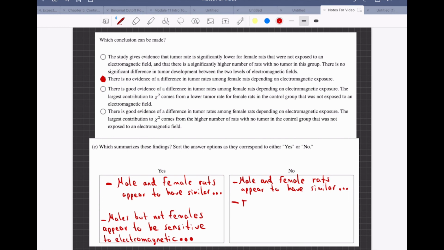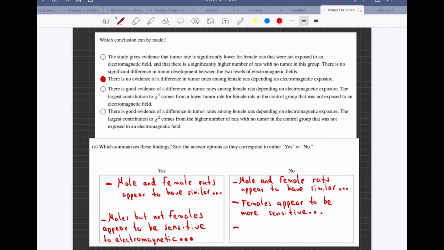The other one, females appear to be more sensitive, and it continues.